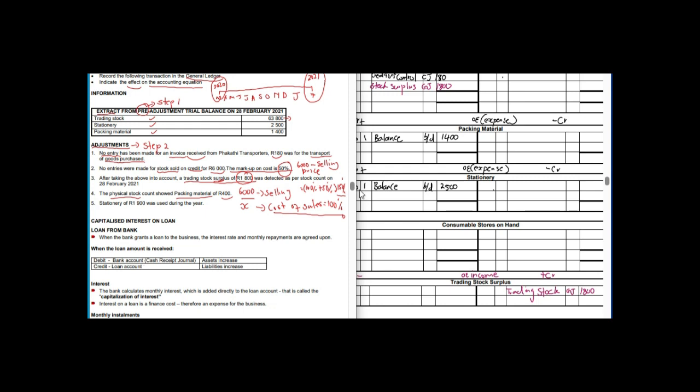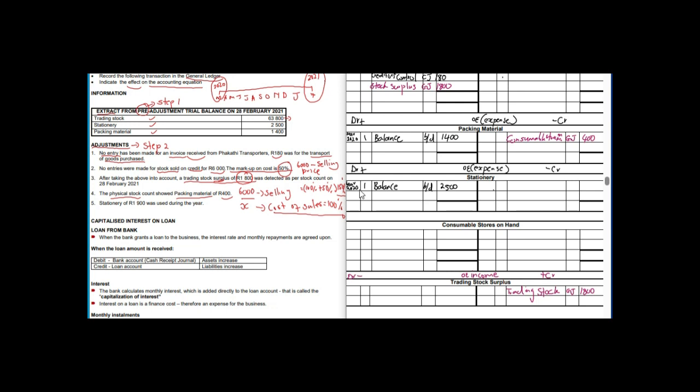Meaning now we no longer have an expense under packing material, but we have consumable stores on hand, which is now going to be an asset, and it's going to be recorded under GJ of 400.